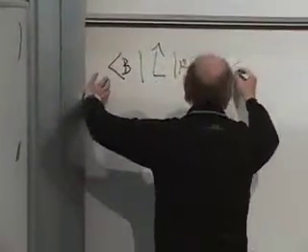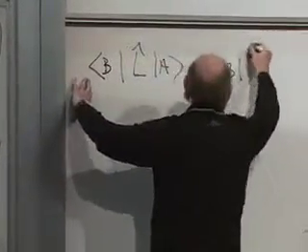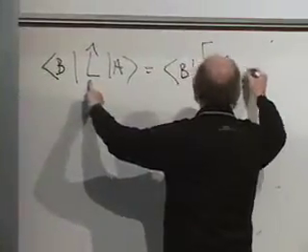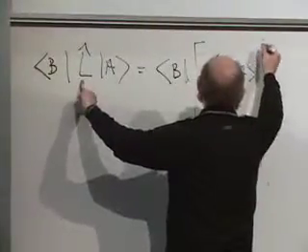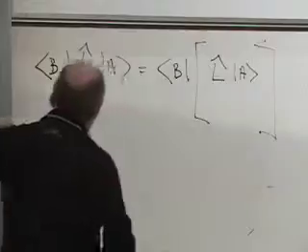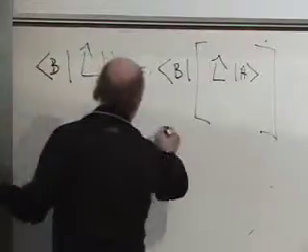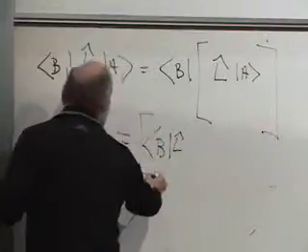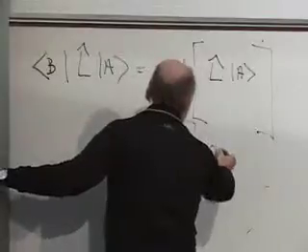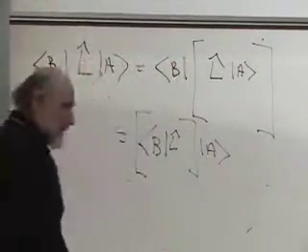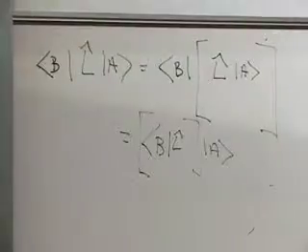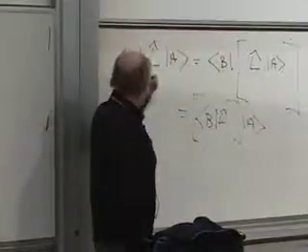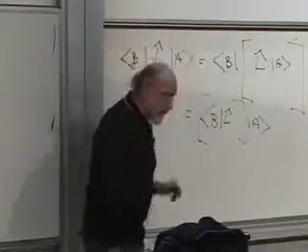The inner product of B with, let's put a big bracket around it, using now the associativity, L hat acting on A, or as L hat acting to the left on B, and then inner product with A. That's the point of this particular construction. It doesn't matter whether we think of L hat acting on A and then inner product with B, or L hat acting on B and then inner product with A.